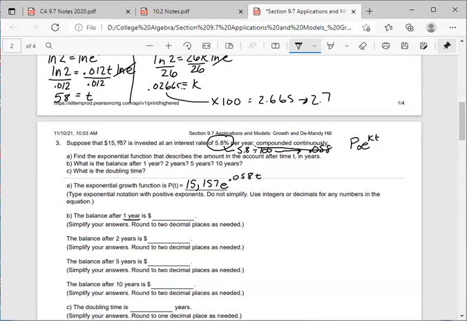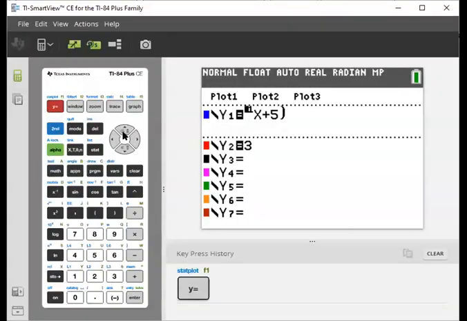And here's what I'm noticing. They're asking me for several different years: 1 year, 2 years, 5 years, and 10 years. And they're saying round to 2 decimal places as needed. Okay, so I could easily go to my calculator and plug in 1 the first time, plug in 2, then plug in 5, but it would be much easier if I used that table if you've got a whole bunch of them on your calculator. So we could go to our graphing calculator and we could get the answers by going to y equals.